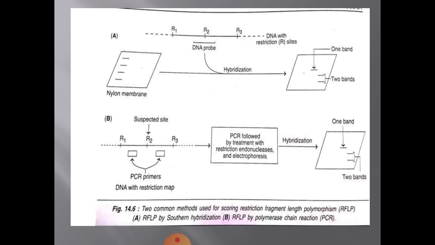If the restriction site is absent, you will get one band as you are seeing in the diagram or the autoradiogram. Whatever you get, the outcome of autoradiography is an autoradiogram. And if the site is present, you will get two bands. This is how RFLP is done through southern hybridization.